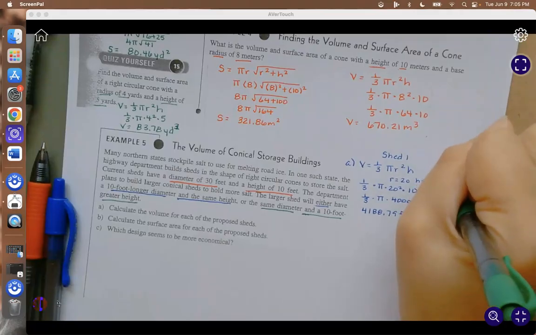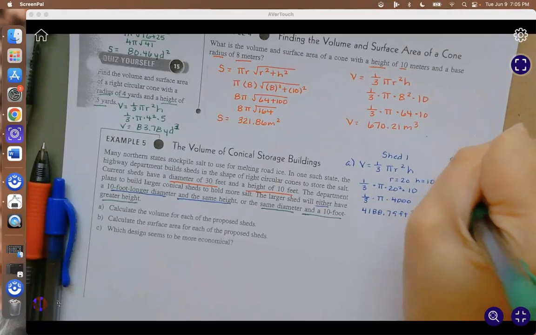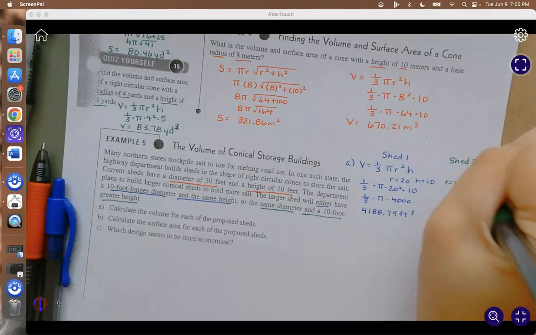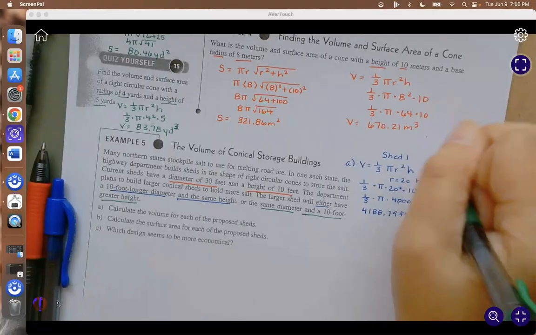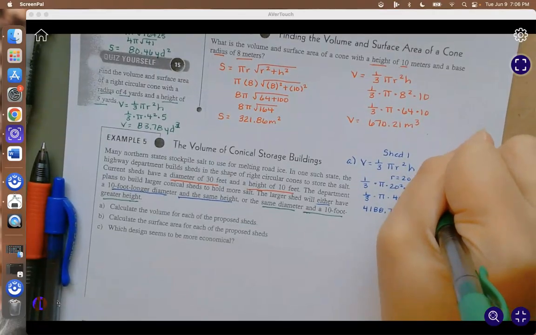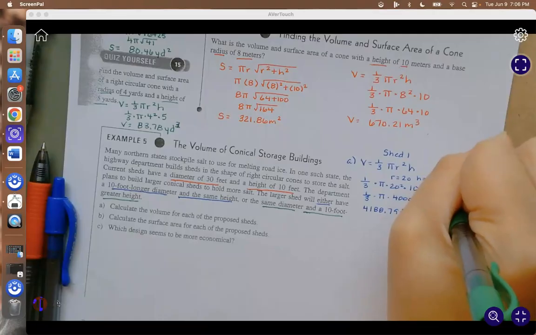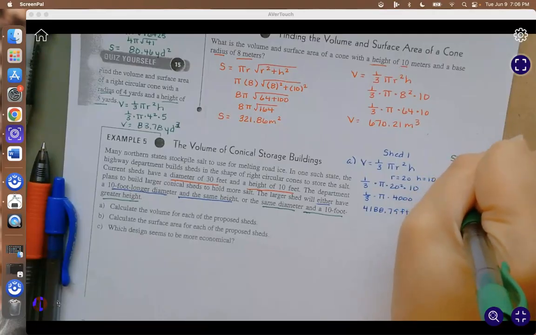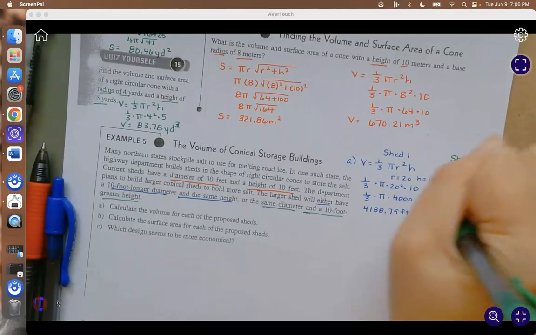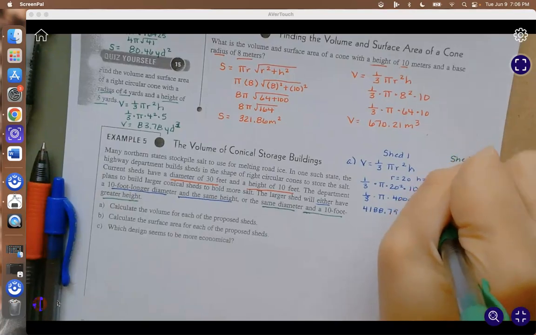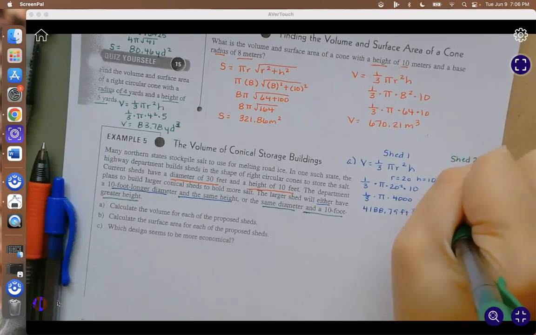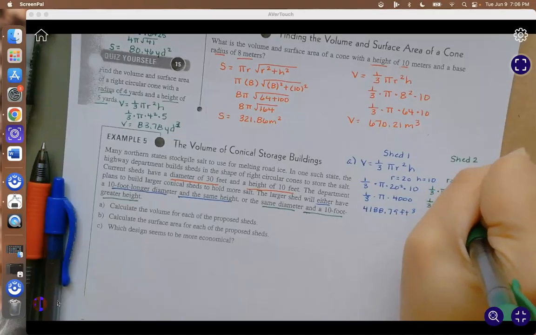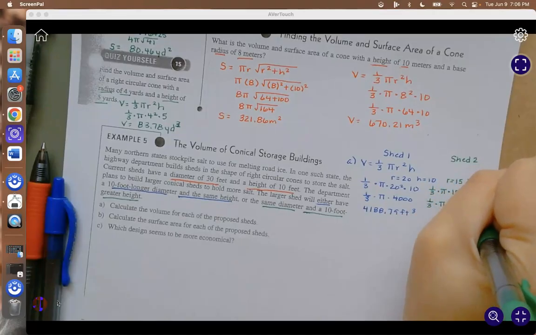Okay, let's do shed 2. So the same diameter, so the radius would be 15. Here the height would be 10 foot higher, so the height would be 20. So we would do 1/3 times pi times 15 squared times 20. So this is 1/3 times pi times 225 times 20.